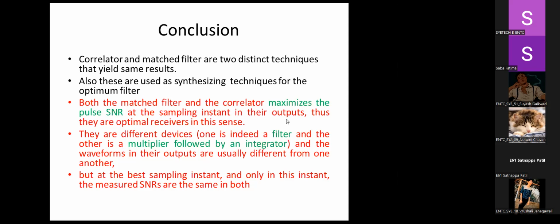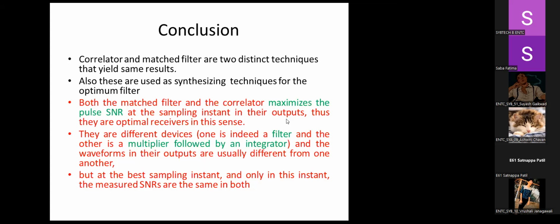Thus they are called optimal receivers. Why? Because they are maximizing the SNR of the signal pulses, that is why they are called optimal receivers.